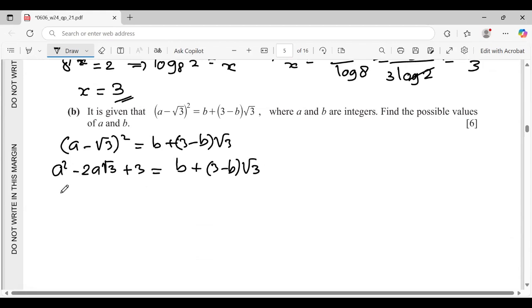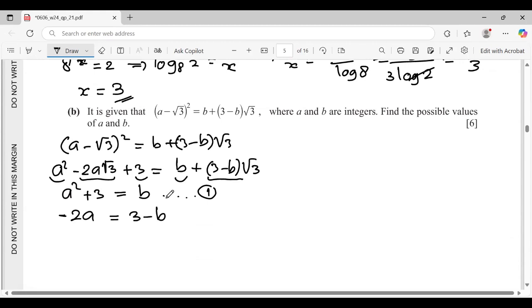So we get two equations here. First, a squared plus 3 equals b plus 3. This is the first equation. And the second equation, the square root 3 part equals the square root 3 part, so minus 2a equals minus b.